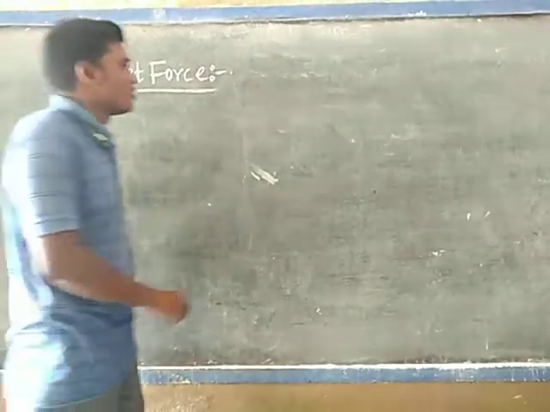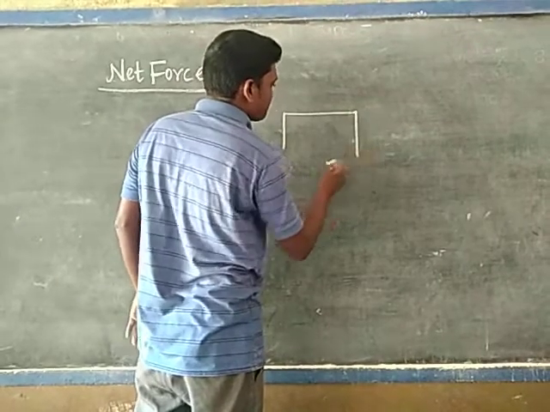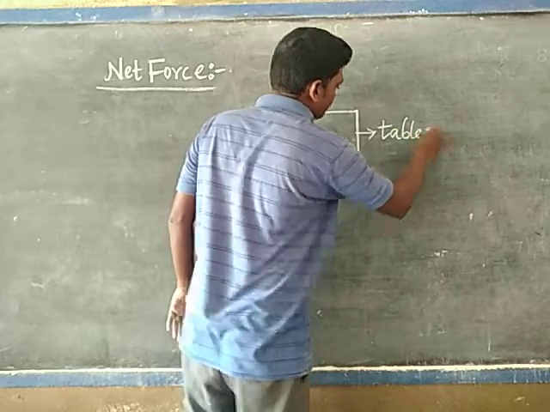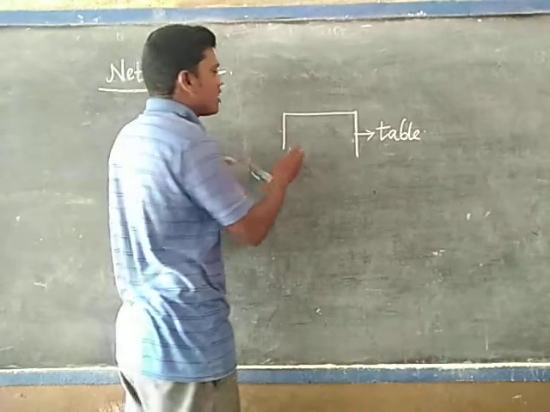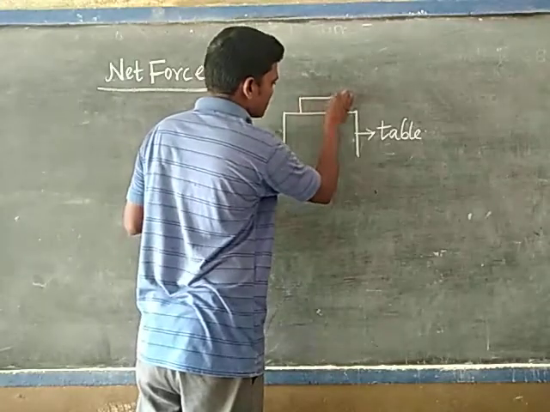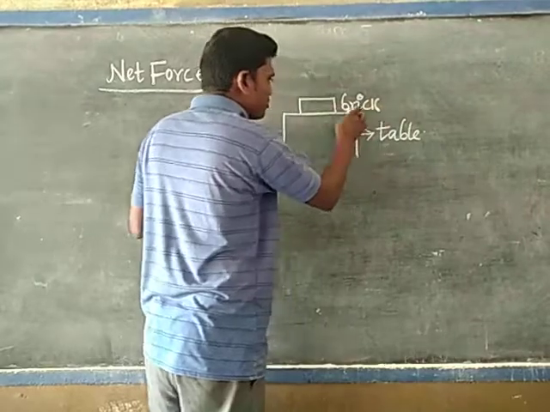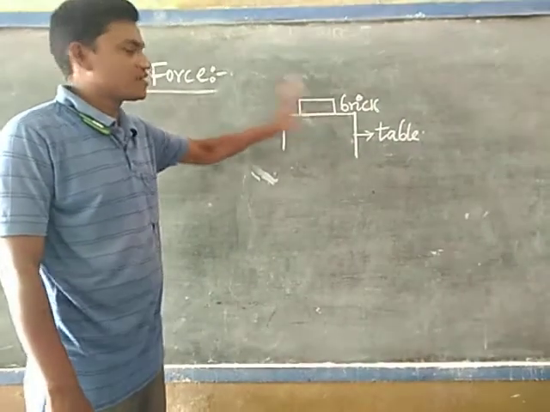For example, I will tell you one thing here. We consider a table. Now we can take a 2 kg mass of a brick. A 2 kilogram brick is placed on the table.